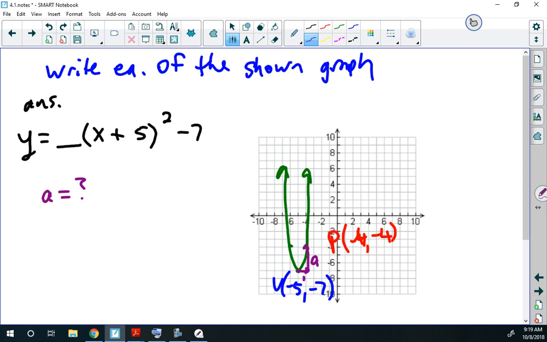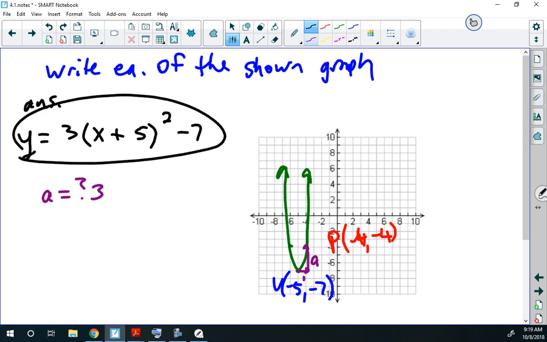The a value here would be 3. Good, the a value is 3. So that's going to hang out front here, and that's it. Questions about that one? Comments about that one? Concerns about that one? Short debates about that one? Okay.